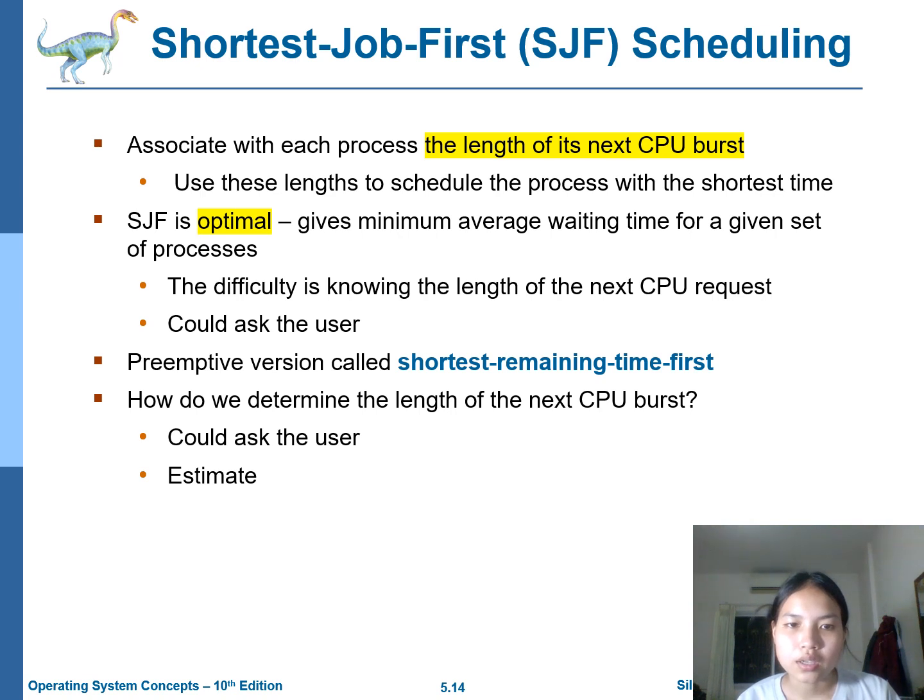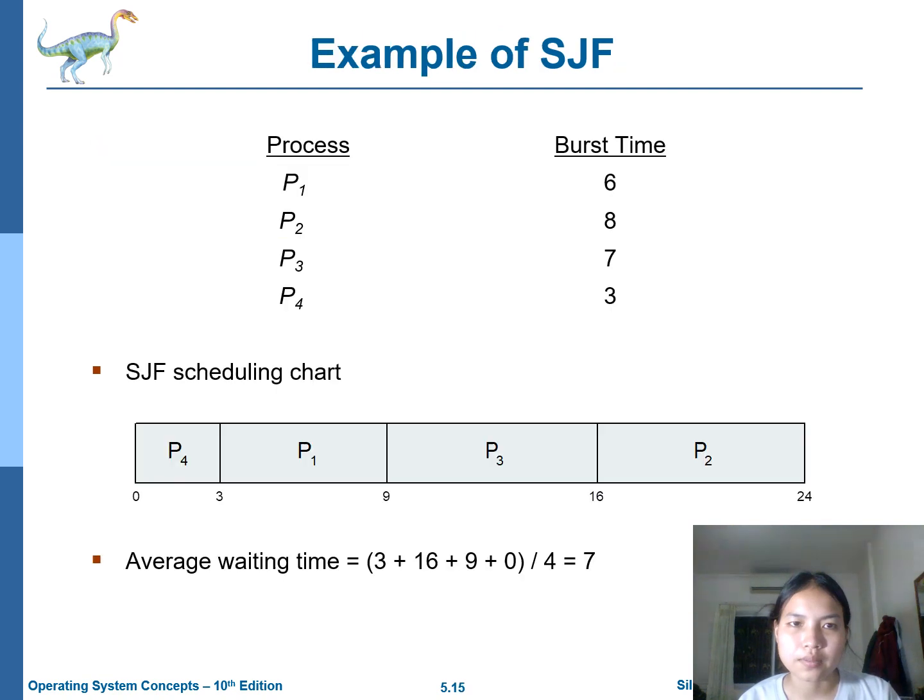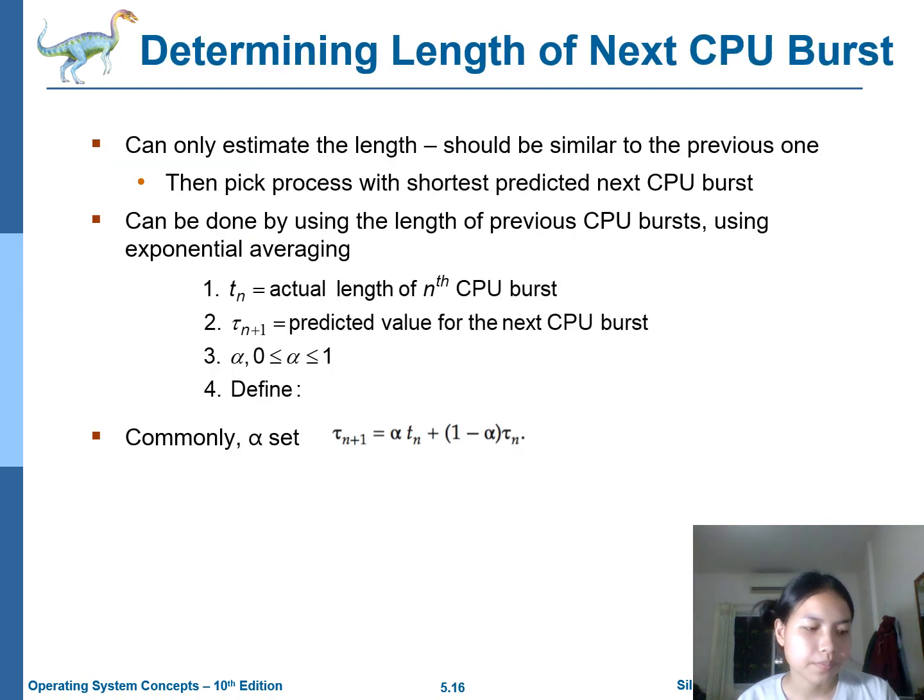How do we determine the length of the next CPU burst? We could ask the user for an estimate. Otherwise, we can only estimate the length, which should be similar to the previous one.